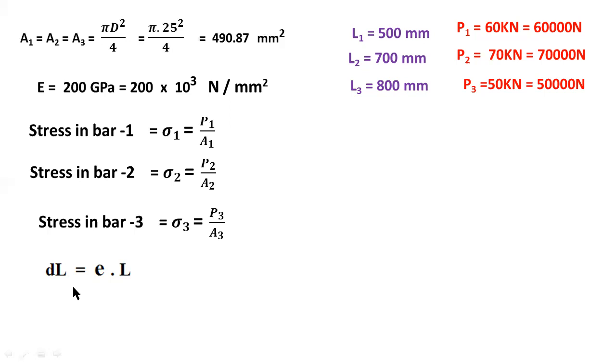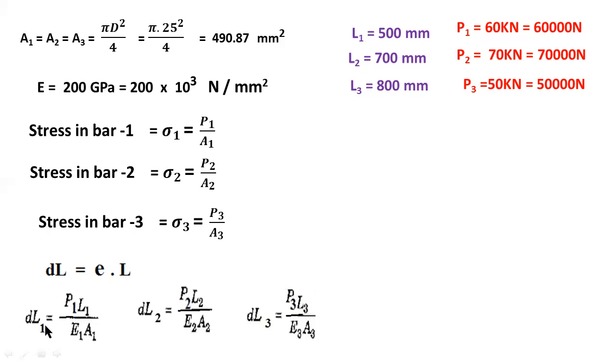The formula for change in length equals P1 L1 by E1 A1. Here P1 by E1 A1 is the strain. Now these are the formulas for change in lengths: delta L1 is the change in length in bar 1, delta L2 is the change in length in bar 2, delta L3 is the change in length in bar 3.